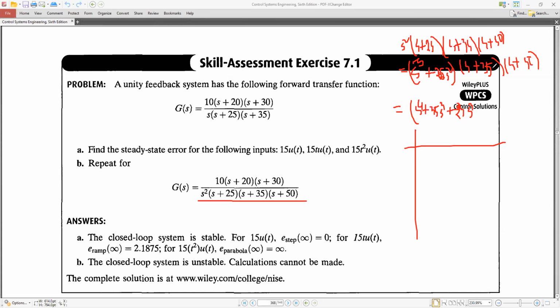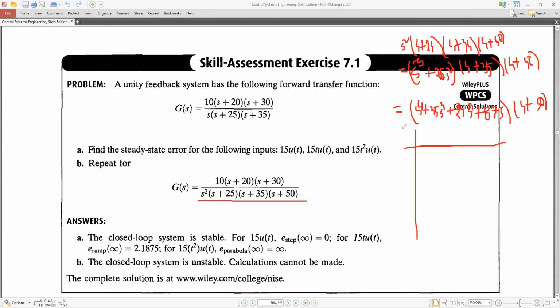So what is the value? 35 into 25, 875, right? That is 875. Okay, so it is 875, and here is plus 50.